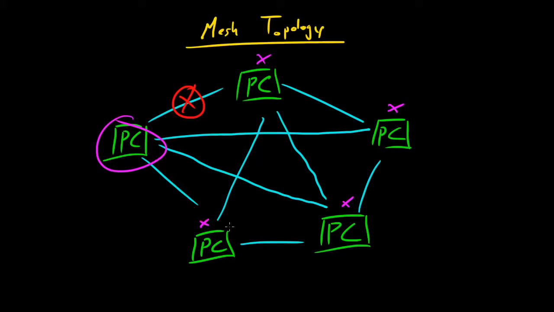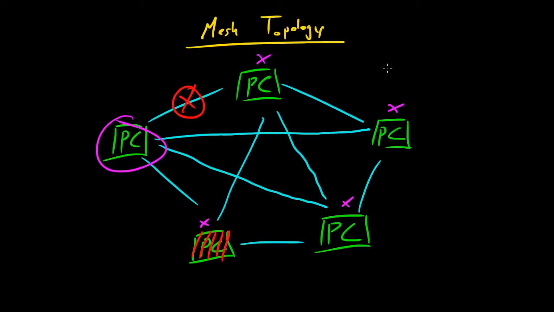Probably easier if I draw it like this, from here to here. Well, if this PC went out, then your data could still go from here to here, or from here to here, and so on and so forth. So even though when you add PCs it would get more complicated as an entire network, it would also provide more communication paths. Now, those are some good things, but let's go ahead and talk about some bad things.